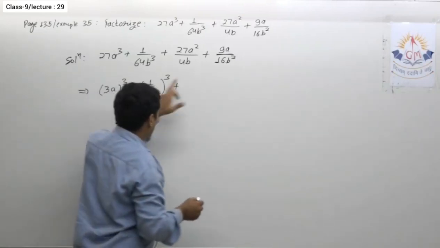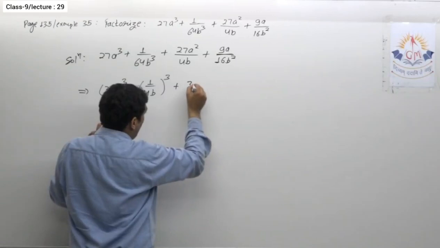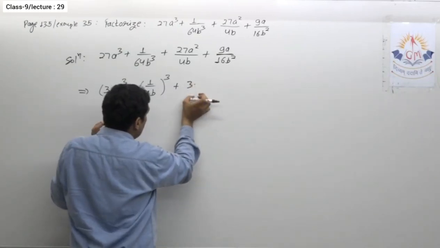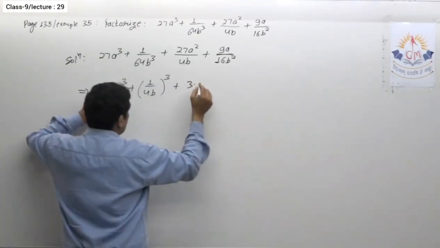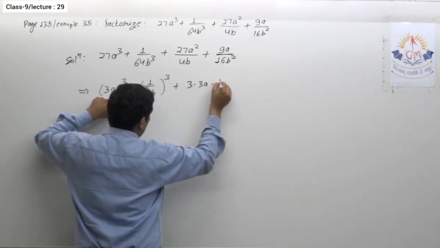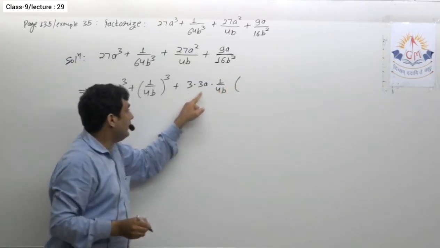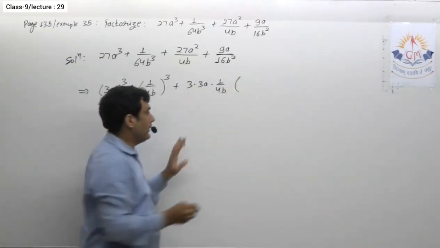Now I am not looking over there, I am just writing 3xy. According to the identity, the next term should be 3xy into (x plus y), but in my case x is 3a, so 3 into 3a into 1 upon 4b. So here I wrote 3xy, and now x plus y.